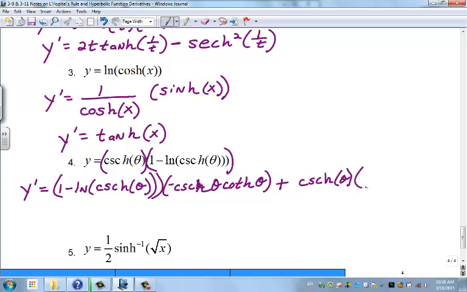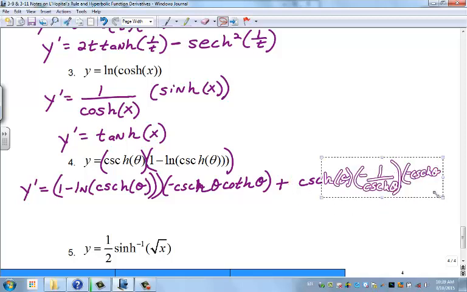Derivative of 1 is 0, and then the derivative of negative natural log of cosecant of theta is negative 1 over cosecant of theta, and then times the derivative of the inside, and the derivative of the inside is negative cosecant of theta cotangent of theta. And again, I'm running out of space, so I'm going to have to shrink this up or something.